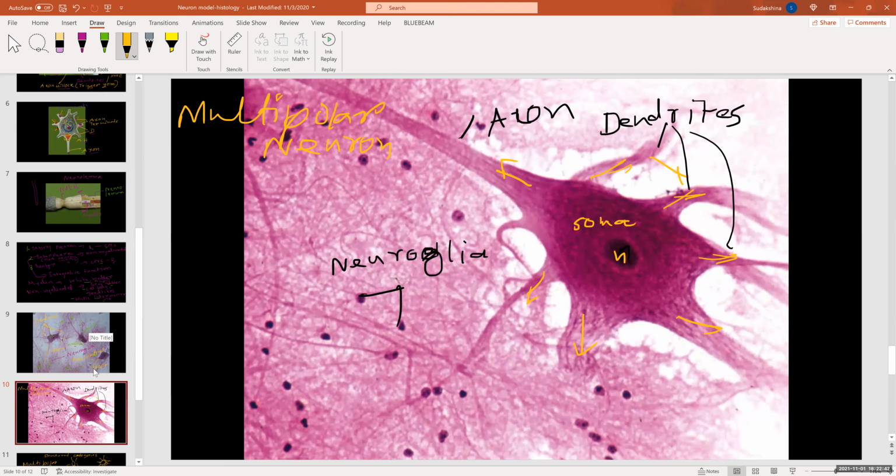So if we magnify one of them, this is what we're looking at. Soma, all of this. Nucleus. You can see the shorter processes. Dendrite, all dendrite. And here is one long process, right there. Axon. All of this cluster of smaller cells, these are neuroglia.